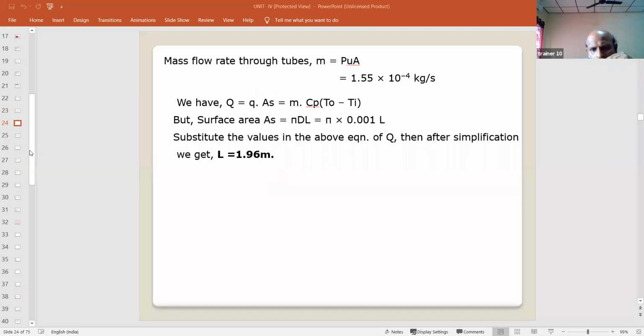Is it clear? Or anybody is having doubt? Respond in the chat box. Is there any doubt in the way or while solving the problem? Okay, respond in the chat box.